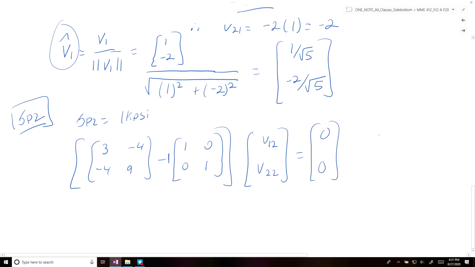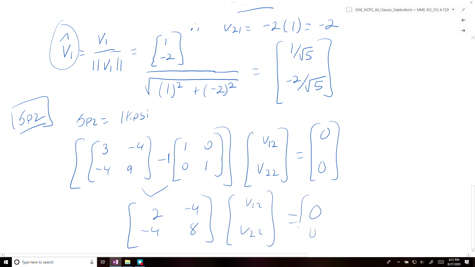If you evaluate this out, what we end up getting is 2, minus 4, and 8 times v12 and v22, and we set that equal to 0.